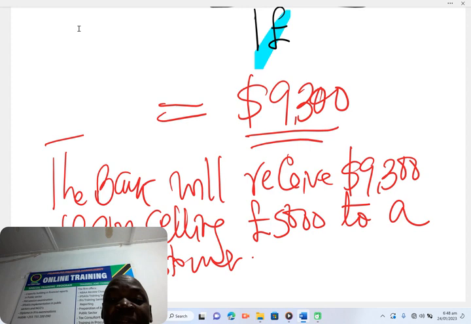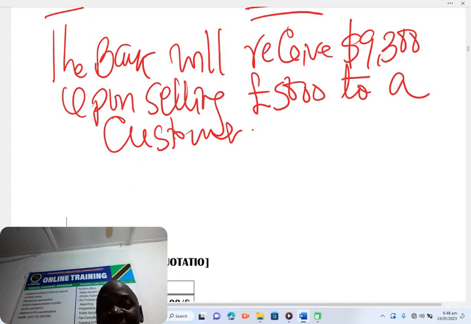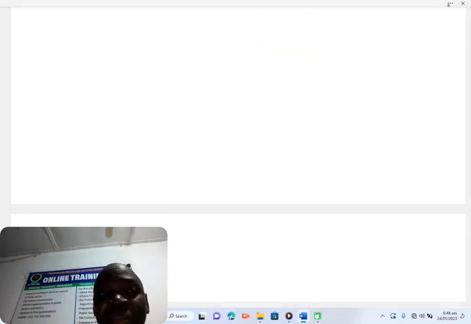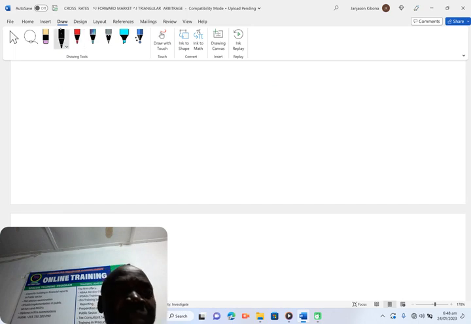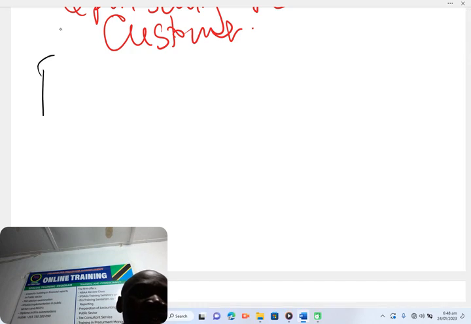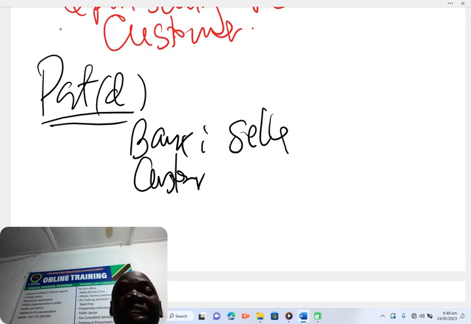Let's see part D. What is part D? Read the statement in part D. What does part D say so far? Part D. So a bank is also a seller and a customer is a buyer.